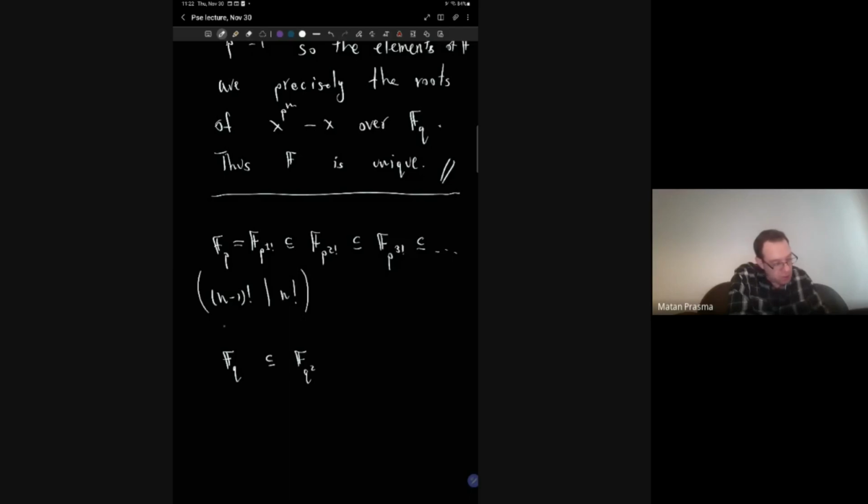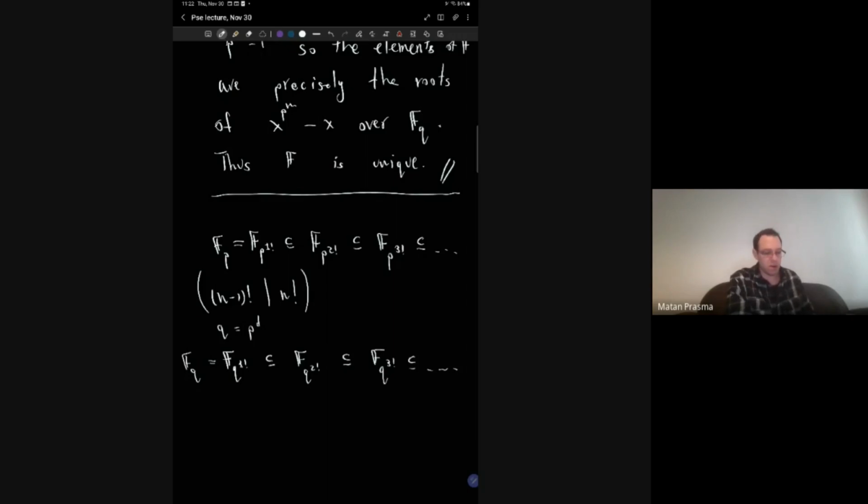Of course, q here is, as usual, a power of p, and F_{q^2} is going to be included in F_{q^(3!)}, and so on, up to infinity.